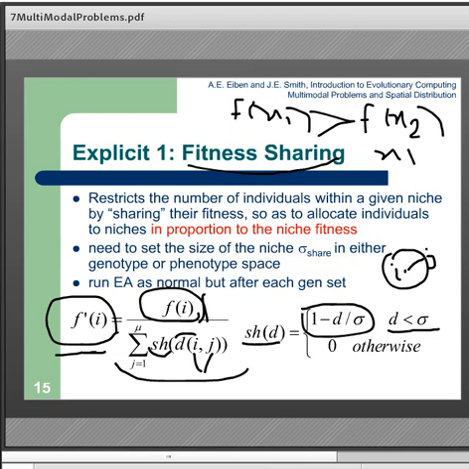In other words, if i and j have different genes, the d is large and SH, or sharing of d, is small. So this value is small and fitness sharing increases. Fitness sharing refers to this fact.